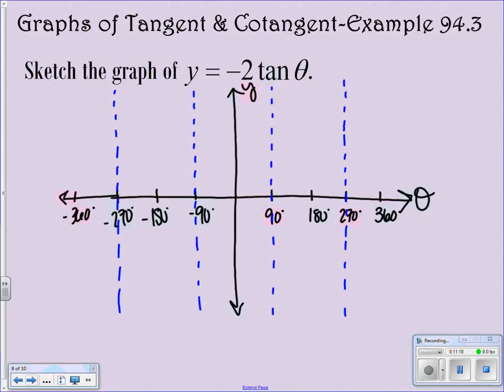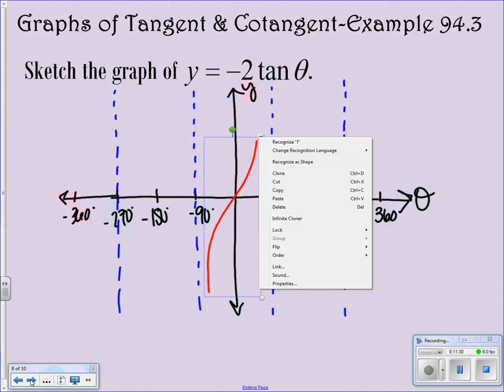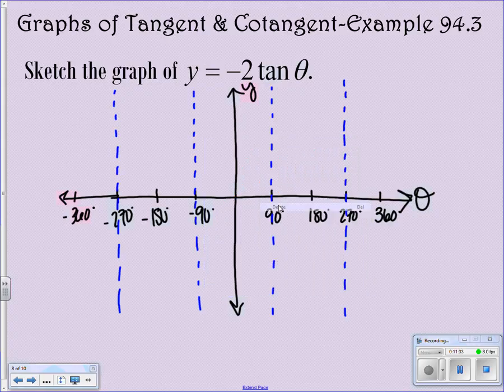And then it is a negative. So instead of tangent going up like this, it's going to go down because it gets flipped because it's a negative. And so it's going to go this direction. Okay, so you're going to fill in between your asymptotes.